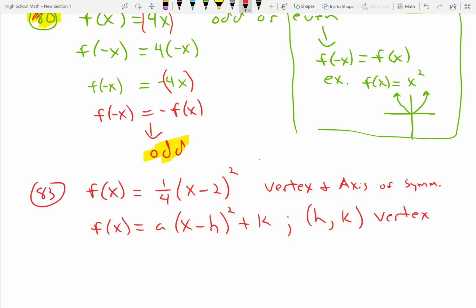And the axis of symmetry, since again, when we have our parabola, if you have some parabola, this little blue line is the axis of symmetry.